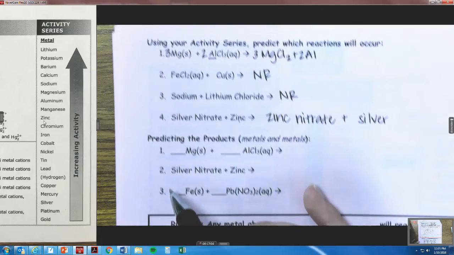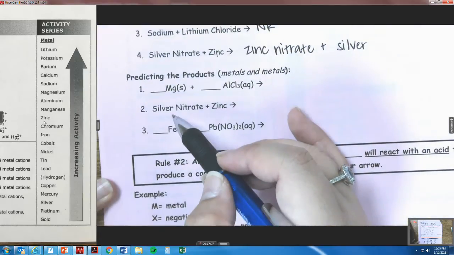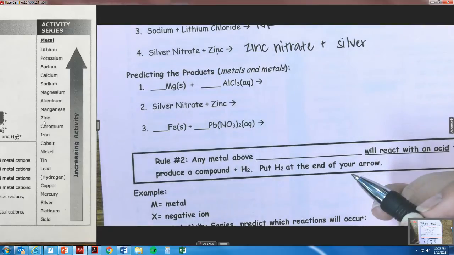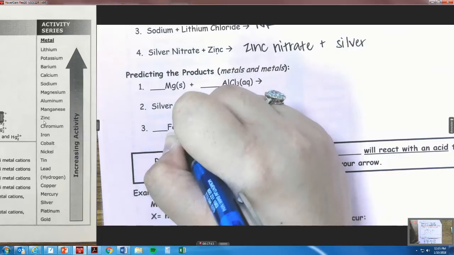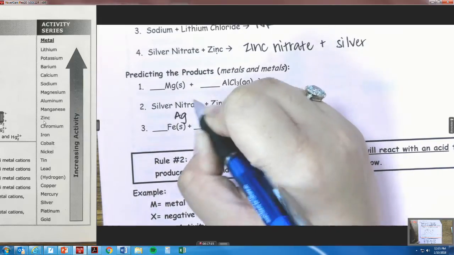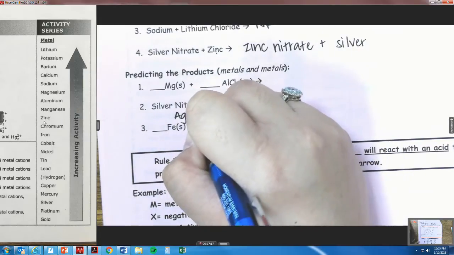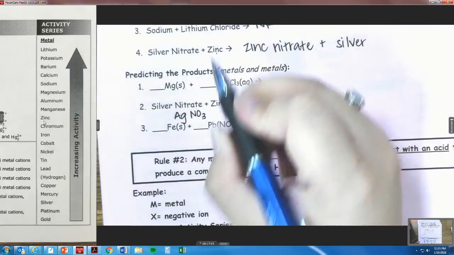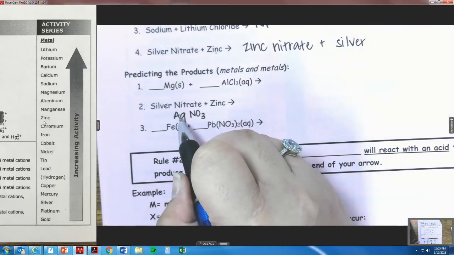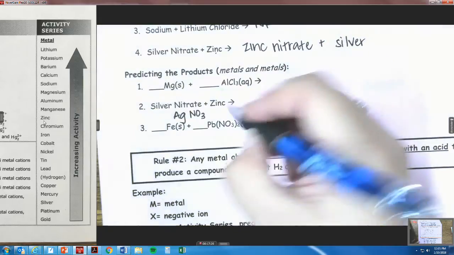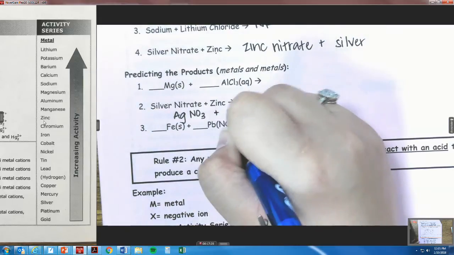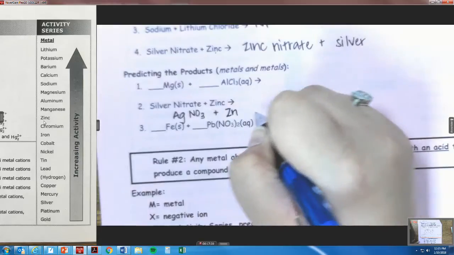But with number 2, we have silver nitrate. So silver nitrate is Ag, and then nitrate is NO3. But remember, we have charges. Silver's charge is a positive 1. Nitrate is a negative 1. So there's no charges that I have to crisscross. And then zinc is Zn.